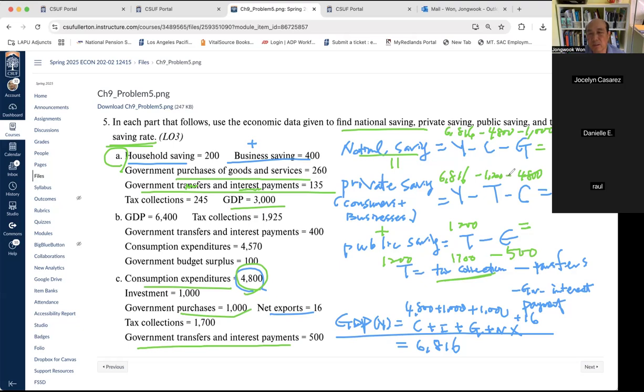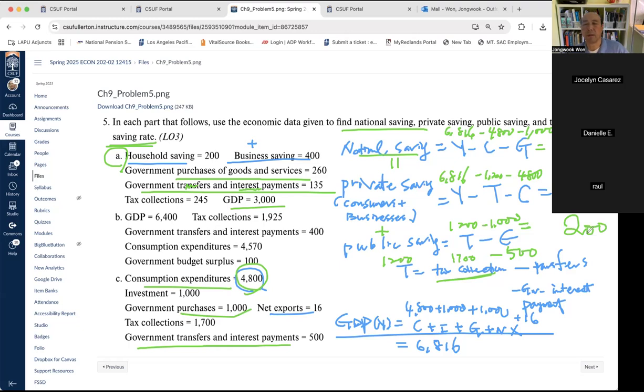If you plug in numbers, it solves itself. Public saving is T minus G. G is 1,000. So public saving is 200.